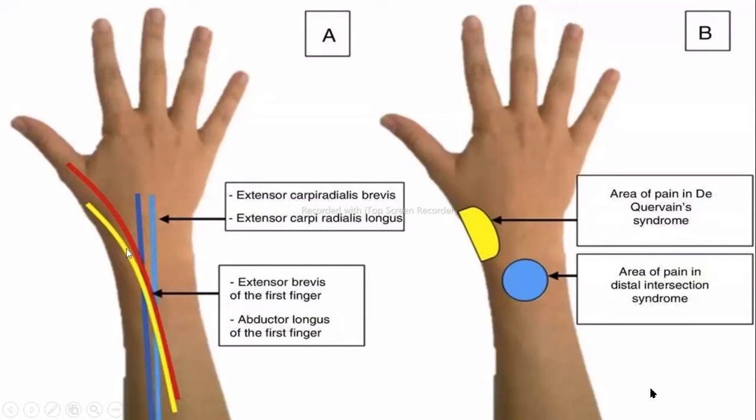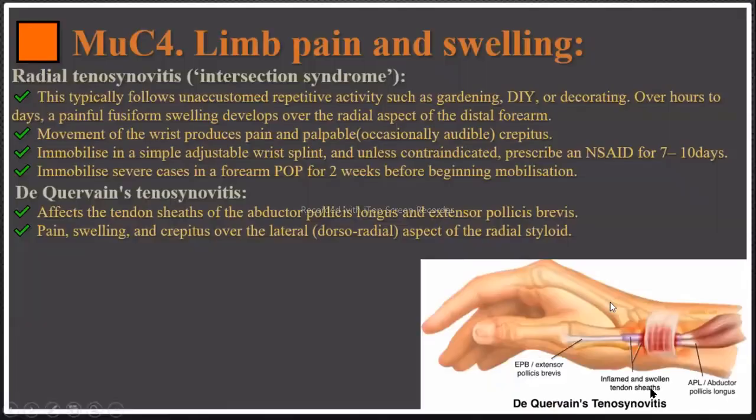So you have four tendons: extensor carpi radialis brevis, extensor carpi radialis longus, extensor pollicis brevis, and abductor pollicis longus. If you find it related to the anatomical snuffbox, it's called de Quervain syndrome. If you find it in the wrist, in the middle, it's called intersection syndrome. So this is the difference between intersection syndrome and de Quervain tenosynovitis.